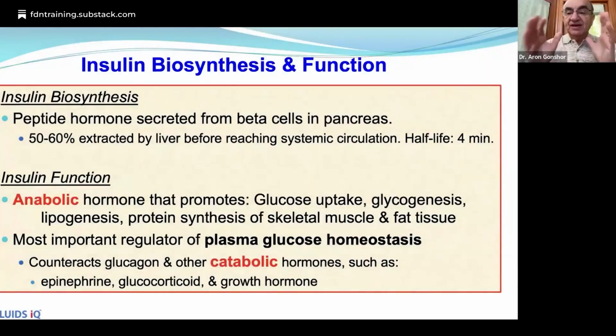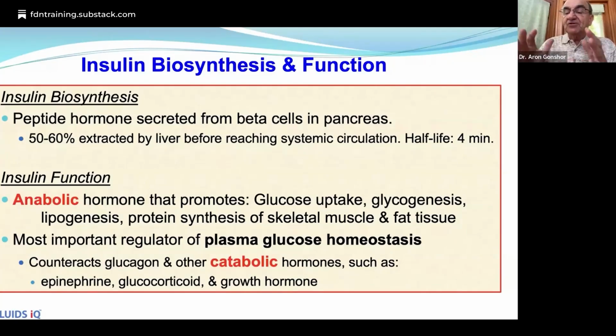And so the summary of that would be, as far as the biosynthesis, insulin is a peptide hormone and it's secreted from the beta cells. 50 or 60% of it is extracted by the liver before it even reaches the systemic circulation. And it has a half-life which is very, very short, actually, 4 minutes.